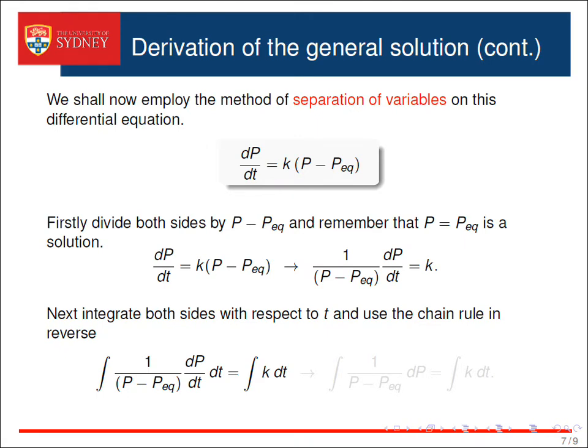The left-hand side is equal to the integral of 1 on (P minus P equilibrium) times dP/dt, all with respect to t. And this is equal to the integral of 1 on (P minus P equilibrium) with respect to P. This step can be verified using the chain rule in reverse.